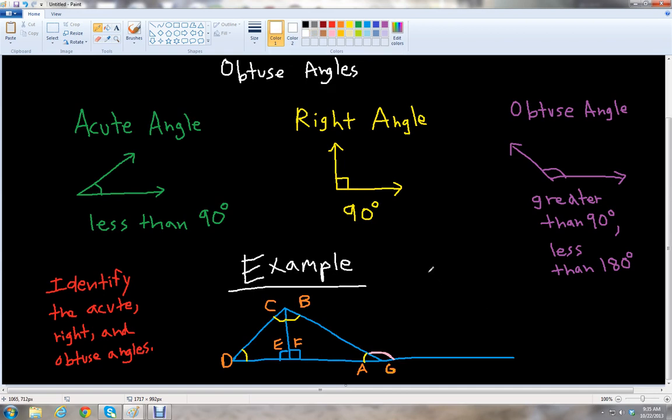So let's start with identifying the acute angles. So remember that acute angles are less than 90 degrees. So angle A looks to be like an acute angle.